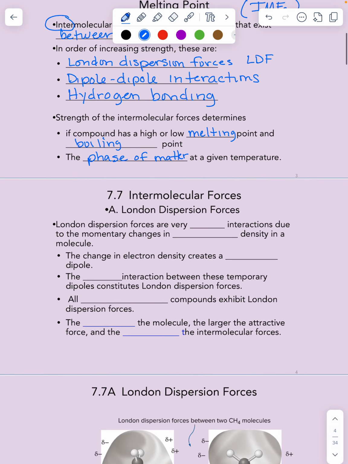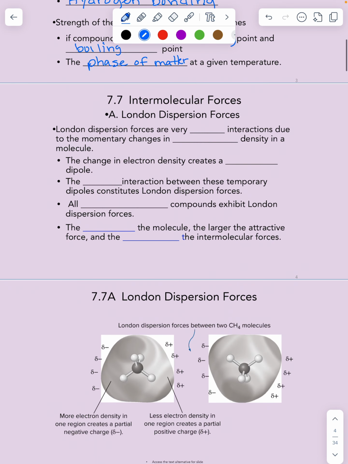So let's take a little closer look at London dispersion forces. So London dispersion forces are very weak interactions, and they are due to momentary changes in electron density. The change in electron density creates something called a temporary dipole.